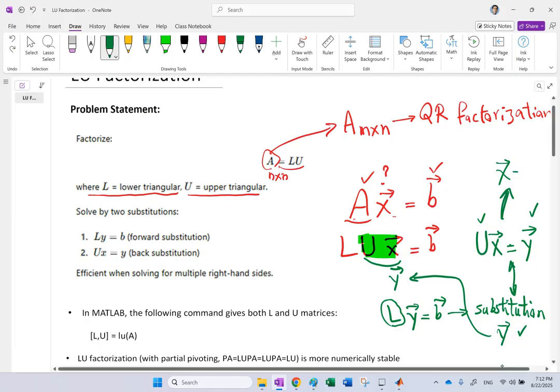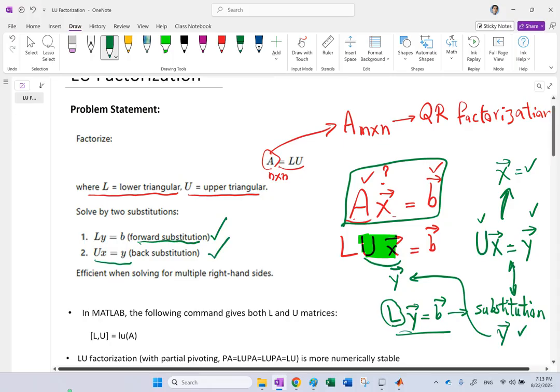Okay, so you see that it can help you solve a linear set of equations very efficiently if you can break A into L times U. So first you do the forward substitution, which is this part, and you find Y, and then you plug Y into U times X and find X, and that is called backward substitution.